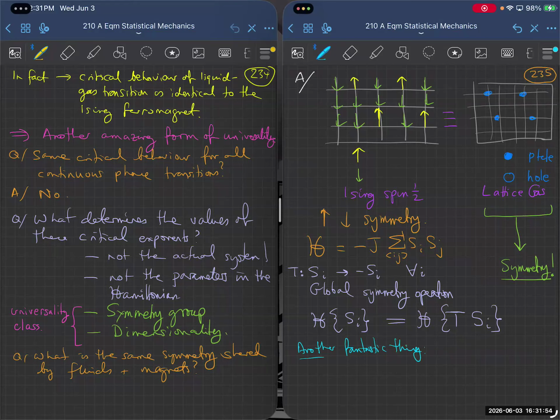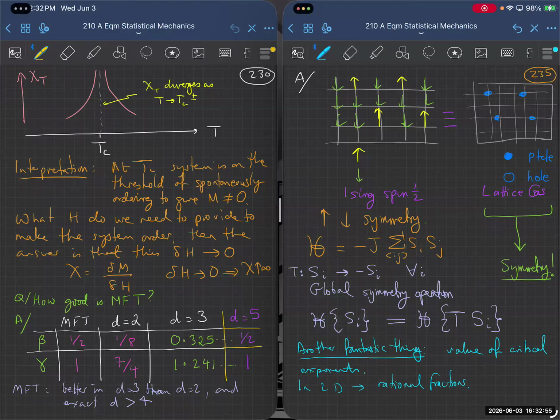Well, the answer is the value of those critical exponents is in 2D. In 2D, you can prove they are rational fractions. And the proof of that goes back to work that was done by Belavin, Polyakov, and Zamolodchikov in the early 1980s, and Friedan and Shenker just slightly later.